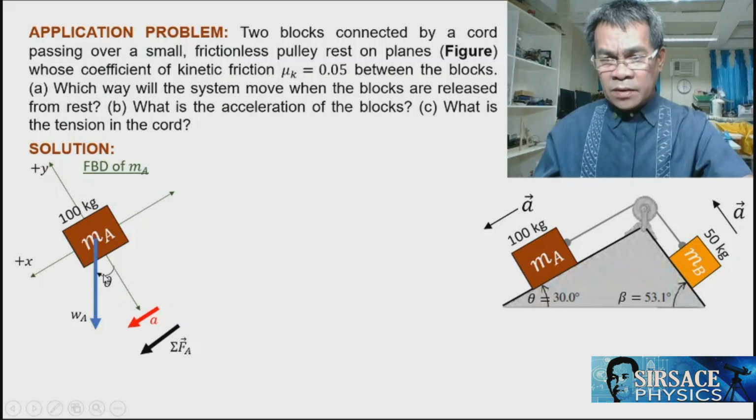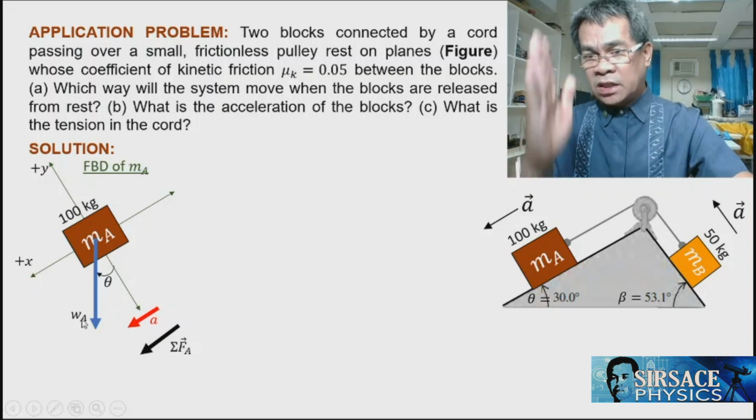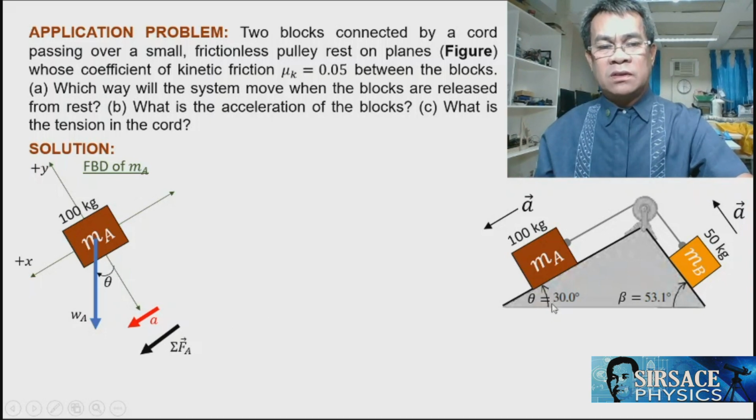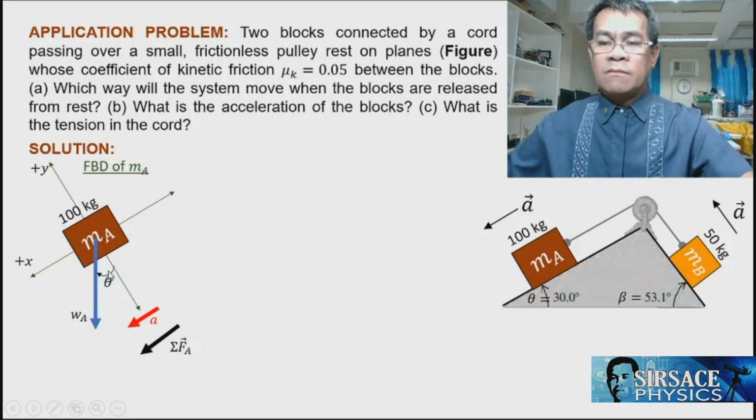If you reduce this inclined surface, then this angle also reduces. Take note that weight is always directed downward. So whatever angle theta here, 30, this is also theta. So therefore, we have the direction of the weight of block A.